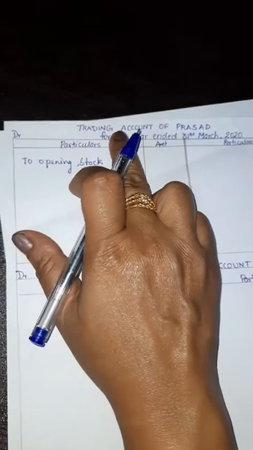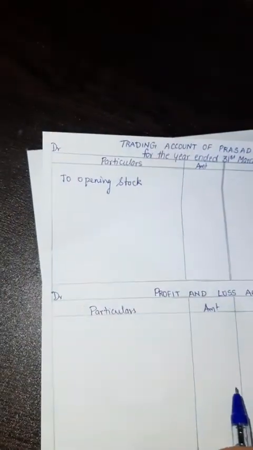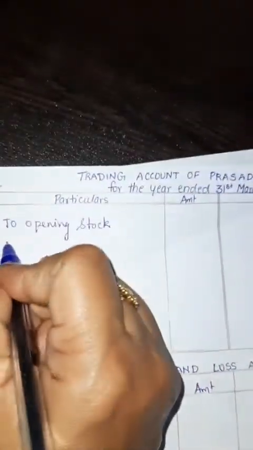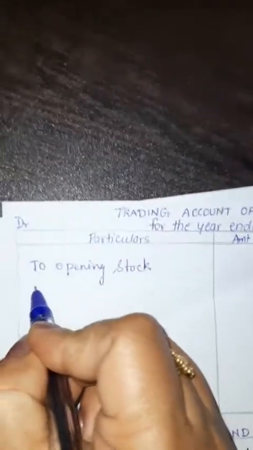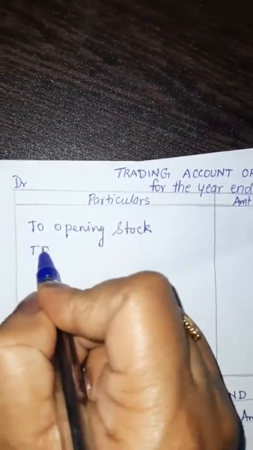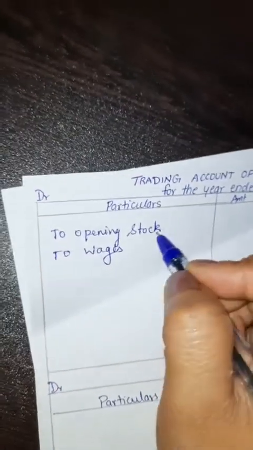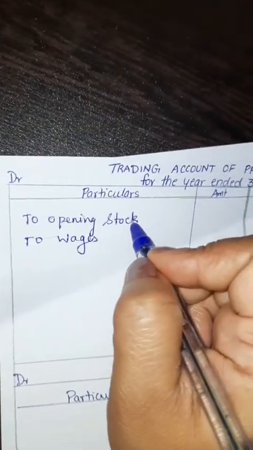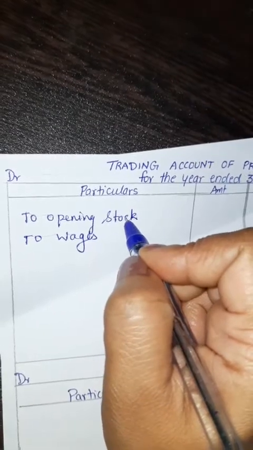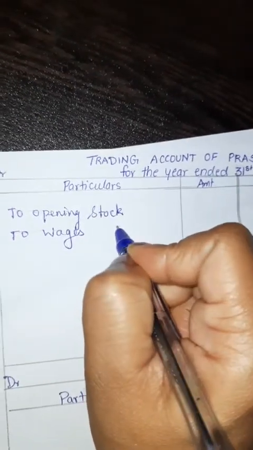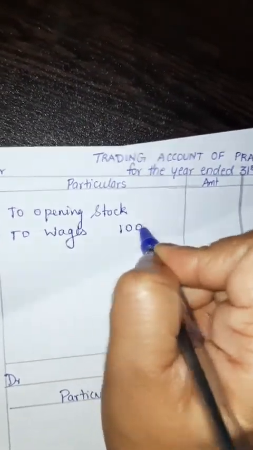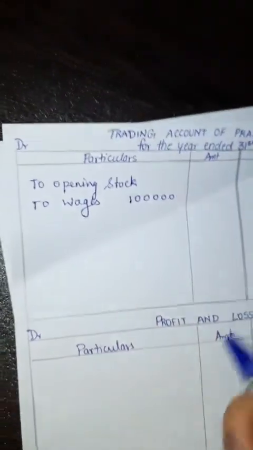This is your trading account, debit side. So I can write here to wages, but you have put a tick mark on that particular item. That means there is an adjustment for that. So I will write the amount in the inner column, given to you as 1 lakh.